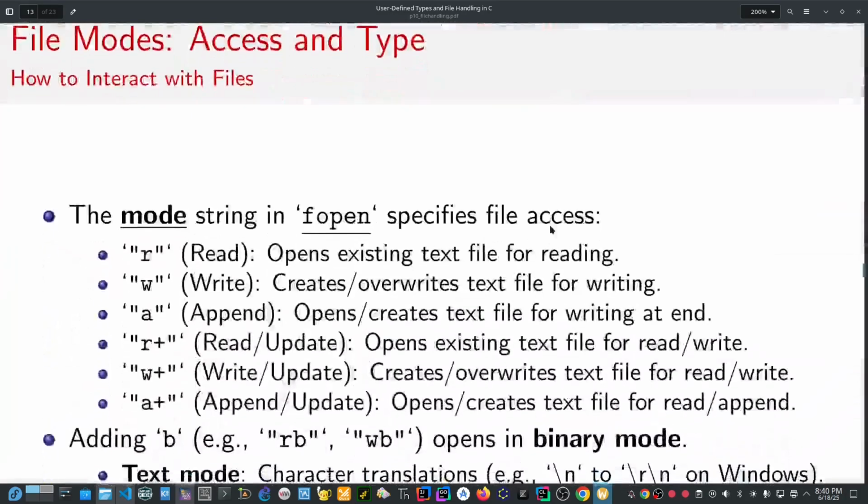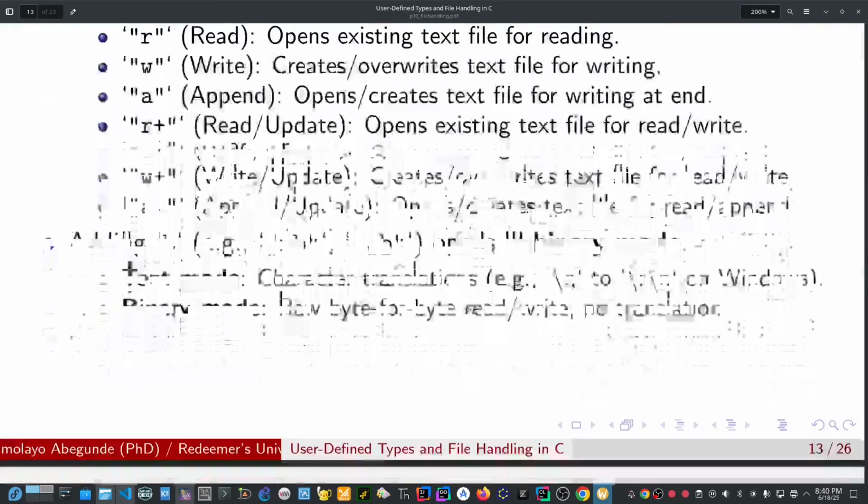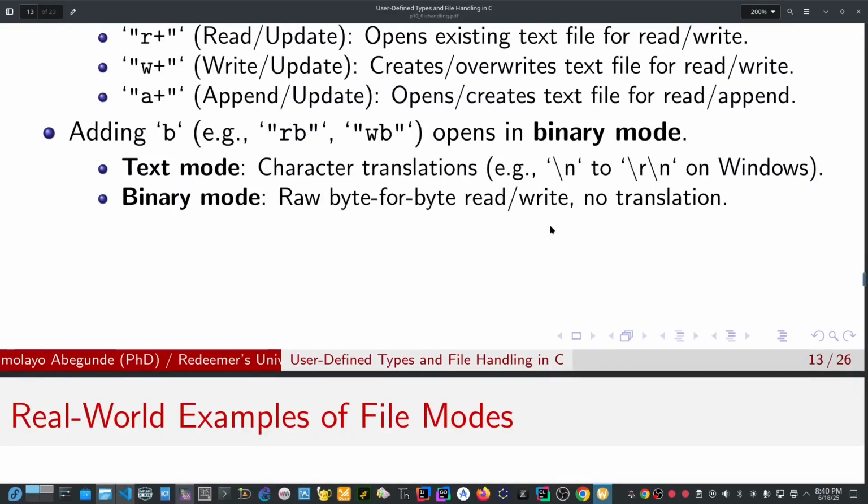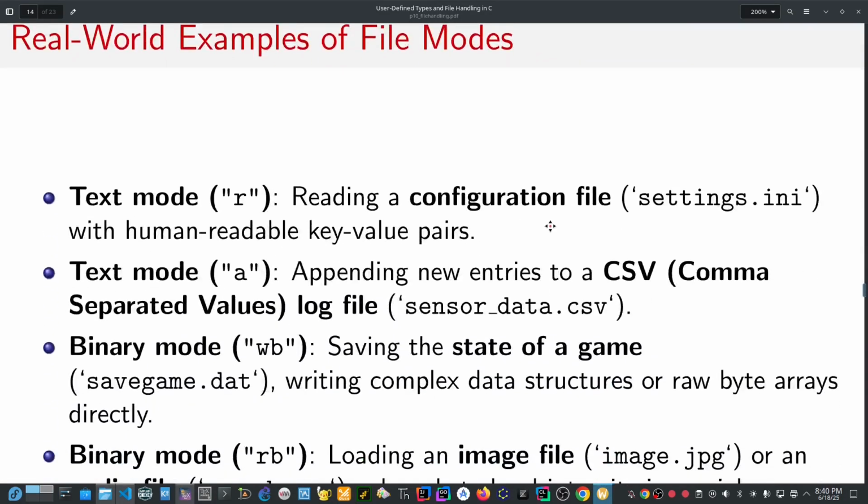Then let's look ahead and see some of these modes. I told you the other time you can read: just specify R, or specify W inside the code, or R plus to read and update. Can you see some of these modes you can use in the C programming language? Then you can also read binary and write bytes. Let's see a real-world example.